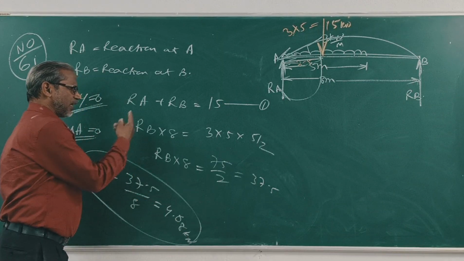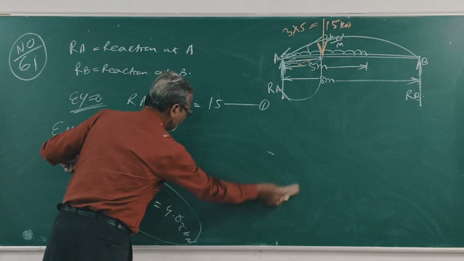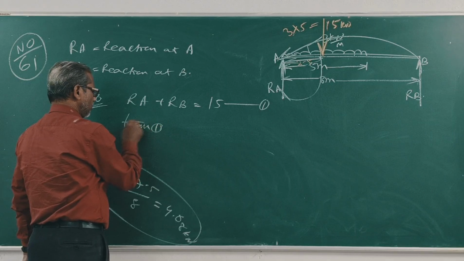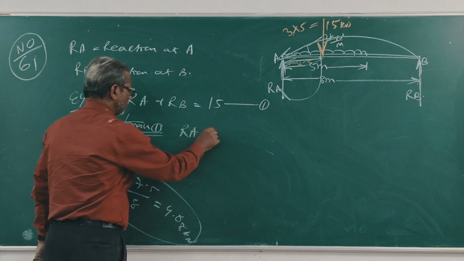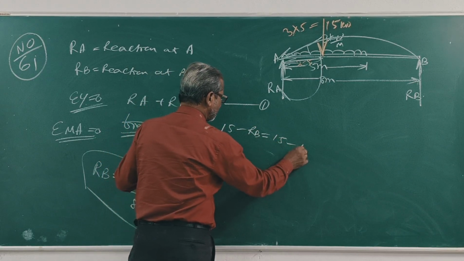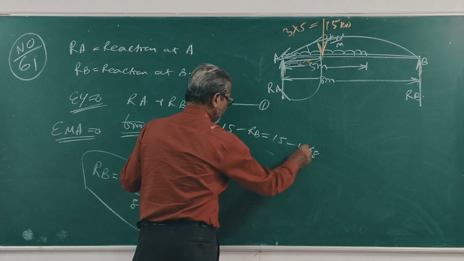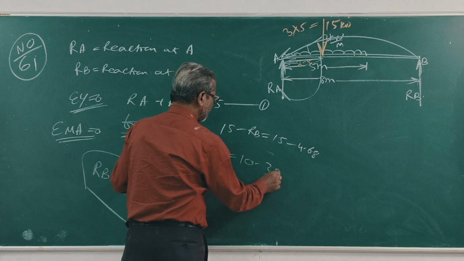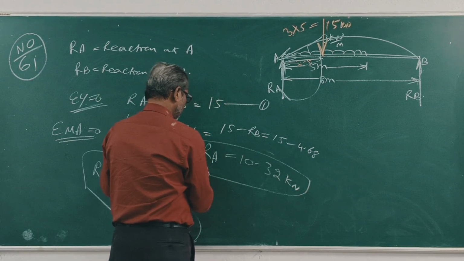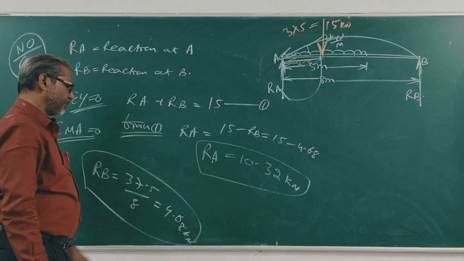So what is RA? 10.32. From equation 1, RA is equal to 15 minus RB, 15 minus 4.68, 10.32 kilonewton. This is RA. Clear? RA, RB.